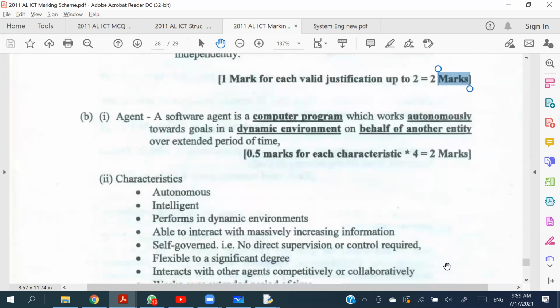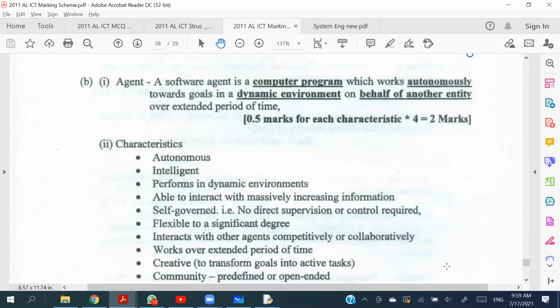And the next part is asking about the definition of an agent. So it is going to be the very same thing we discussed in the tutorial, right? A software agent is a computer program which works autonomously towards a goal in a dynamic environment on behalf of another entity over an extended period of time, right?